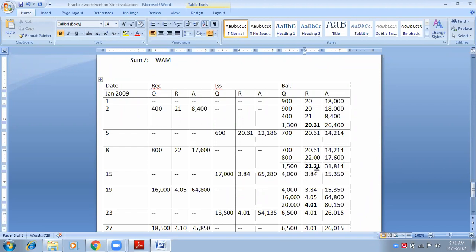Has everybody found that? 21.21, is it correct? Shubham, Anu, somebody answer me, Jaya. Have you found out 21.21?